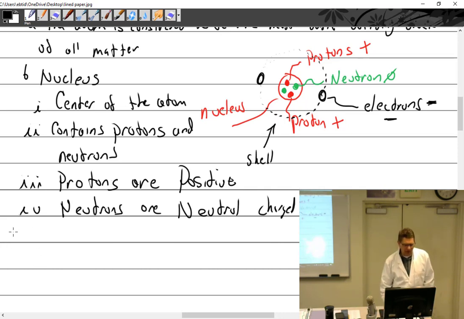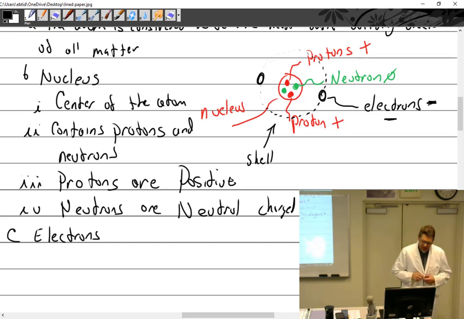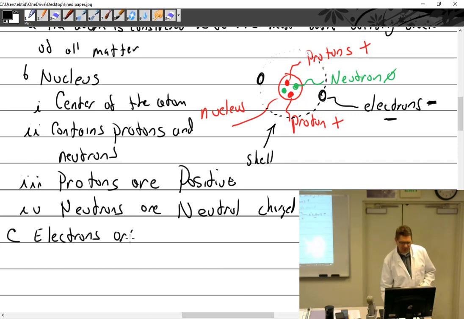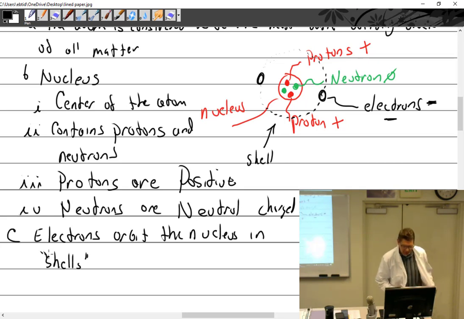Well, and then we have our electrons, which is really what electricity is all about. E-L-E-C-T-R-O-N. Electrons. Electrons orbit the nucleus in shells.